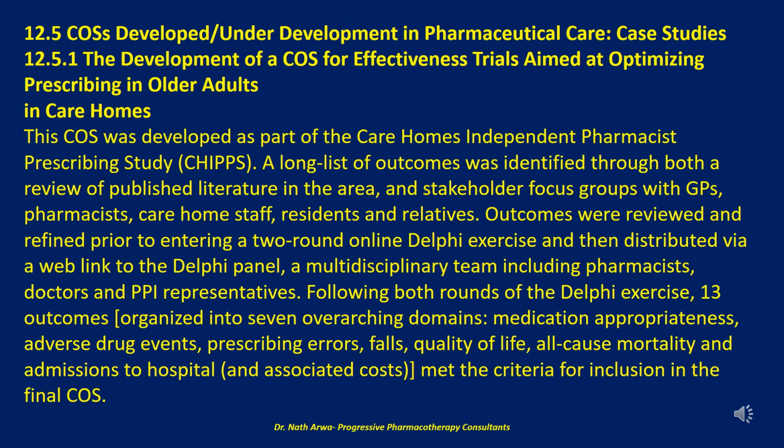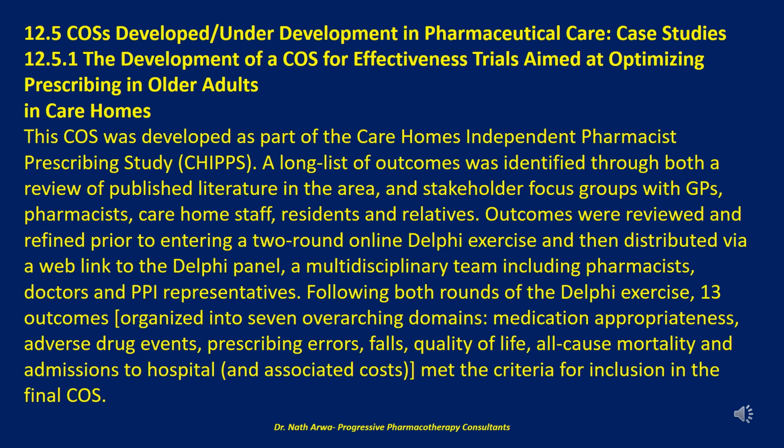Next we will look at core outcome sets developed or under development in pharmaceutical care. Case studies. Let's focus on the development of a COS for effectiveness trials aimed at optimizing prescribing in older adults in care homes. This core outcome set was developed as part of the Care Homes Independent Pharmacist Prescribing Study, abbreviated as CHIPS.